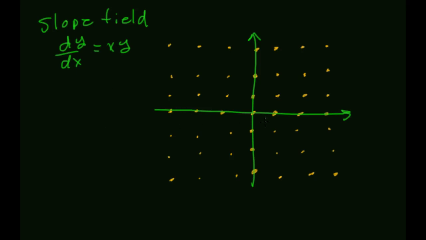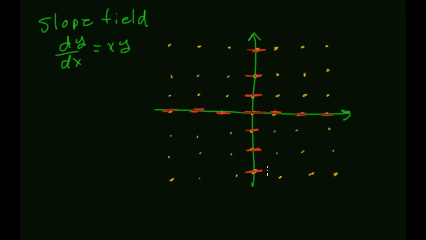So if the slope is 0, we're going to make a little horizontal mark there, because that's what slope 0 looks like. So at all the places where x or y is 0, we're going to put a little horizontal mark there. That's accomplishing quite a bit of my grid here. All these places are where x or y is equal to 0.